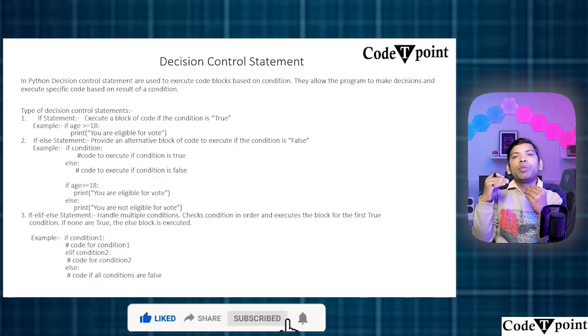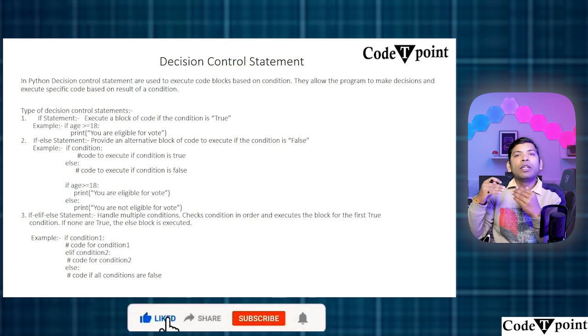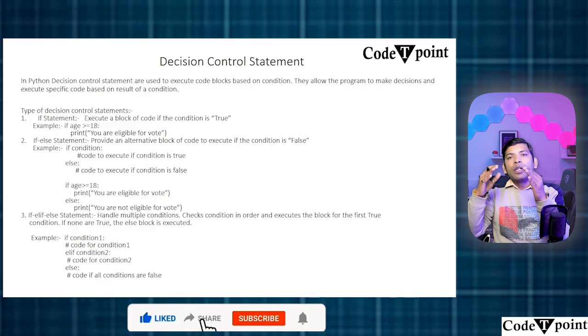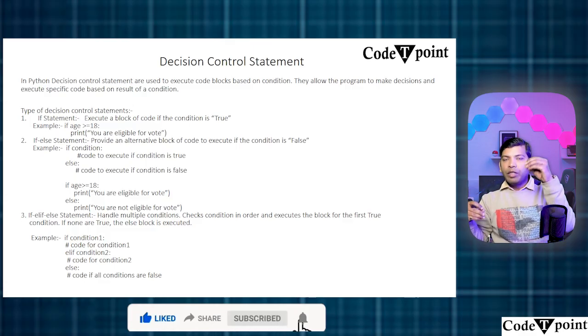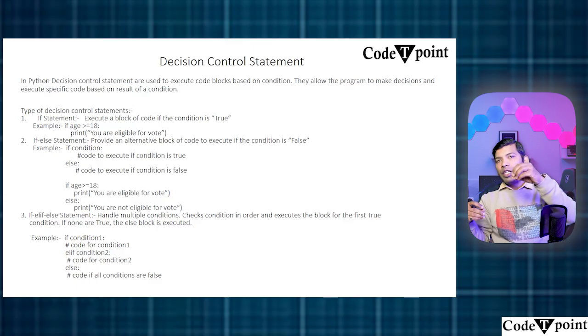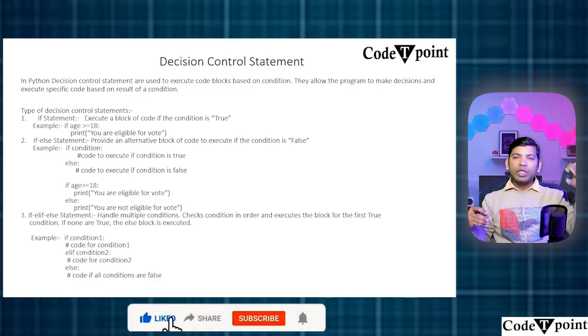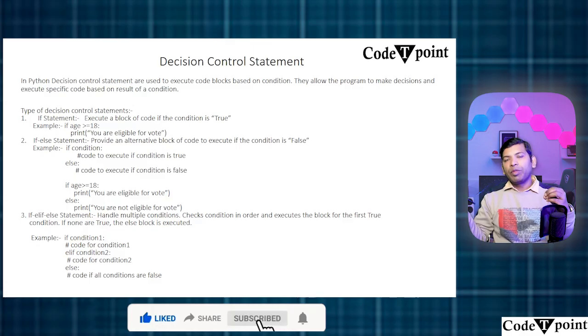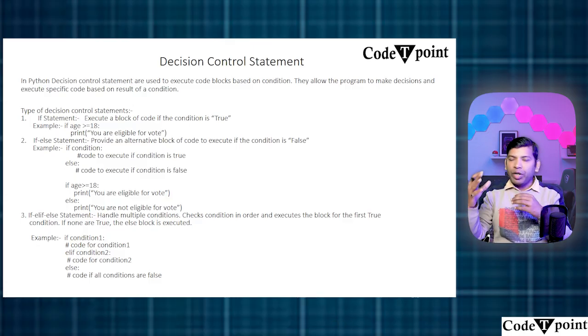If this condition is not fulfilled, then else will be executed. So in your program, branching will appear. In the branching you have conditions: if this condition happens, this thing will be performed; if this condition happens, this other thing will be performed. So if and else is nothing but a branching of your program.